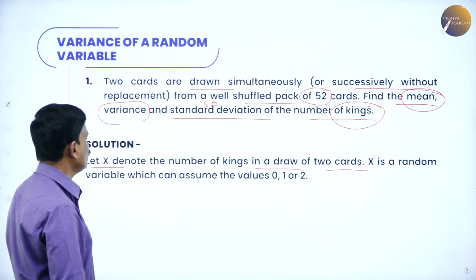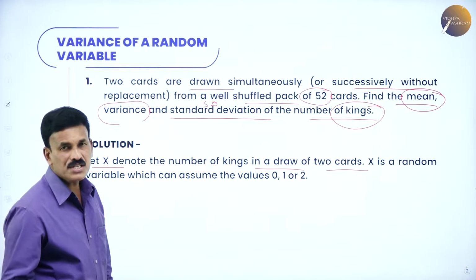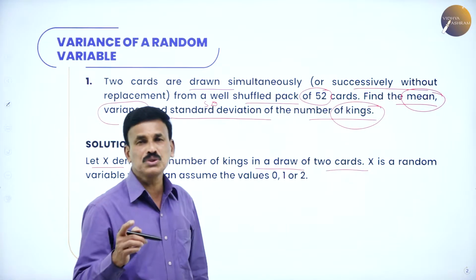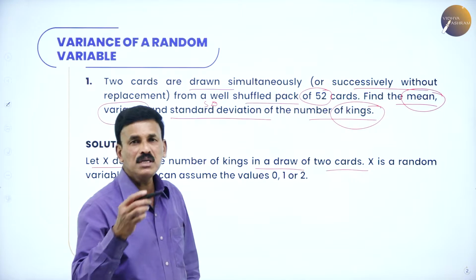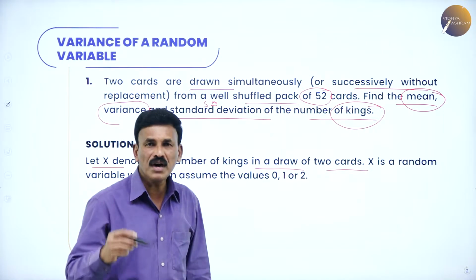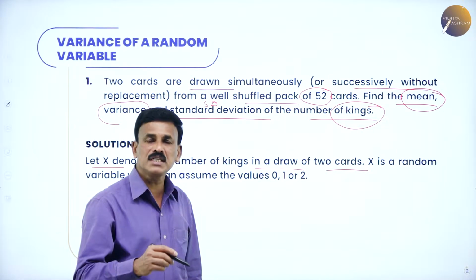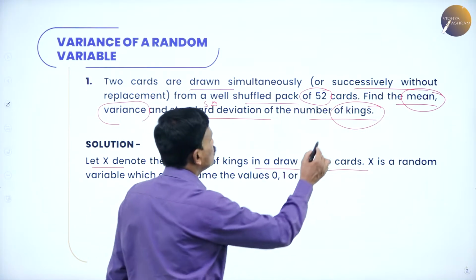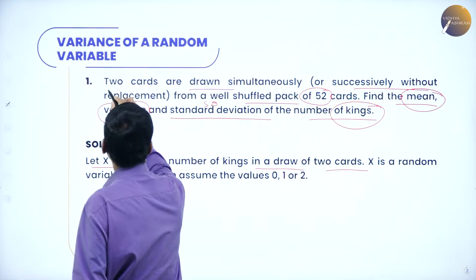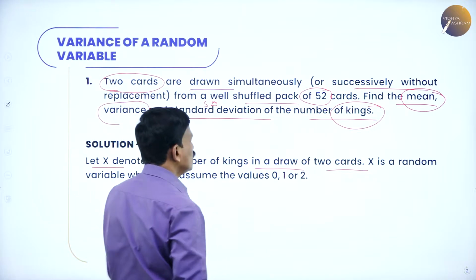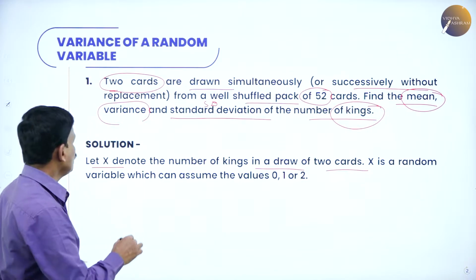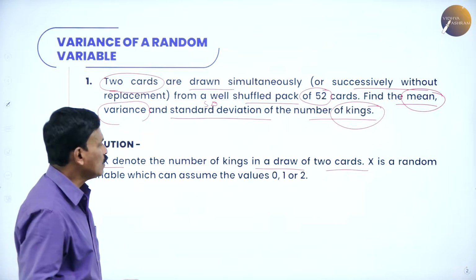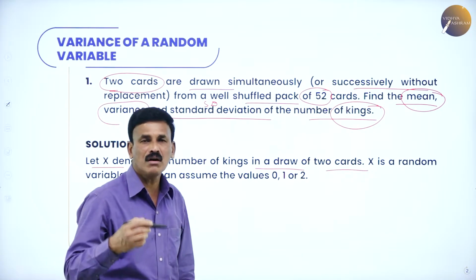X is a random variable which can assume, since there are two draws, the values 0, 1 or 2. There may not be a king, there may be one king, or two kings in two draws.